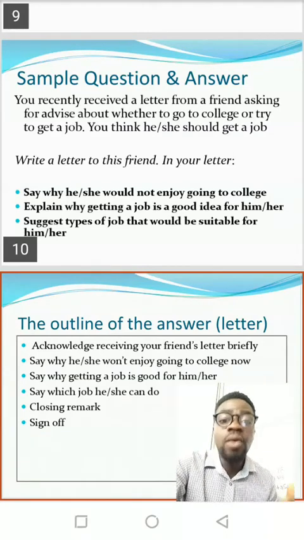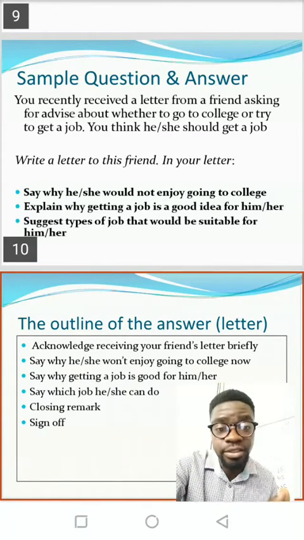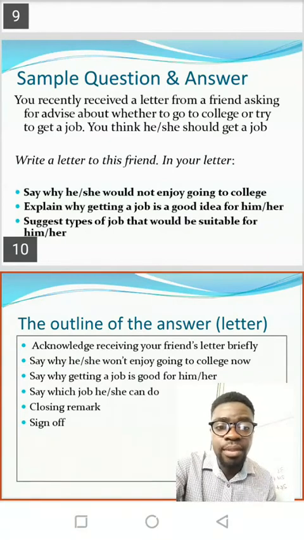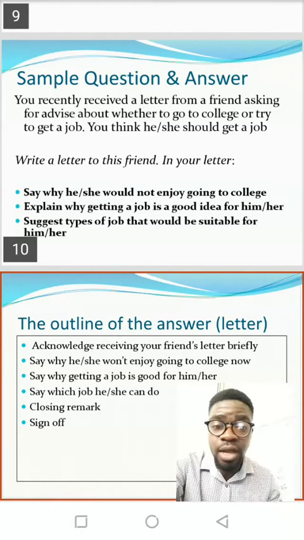You have to say why your friend will not enjoy going to college now. And you have to explain why getting a job is better. You have to convince your friend in a way that getting a job is better than going to college now. And then you would like to suggest 1 or 2 jobs that you think your friend will be able to do.